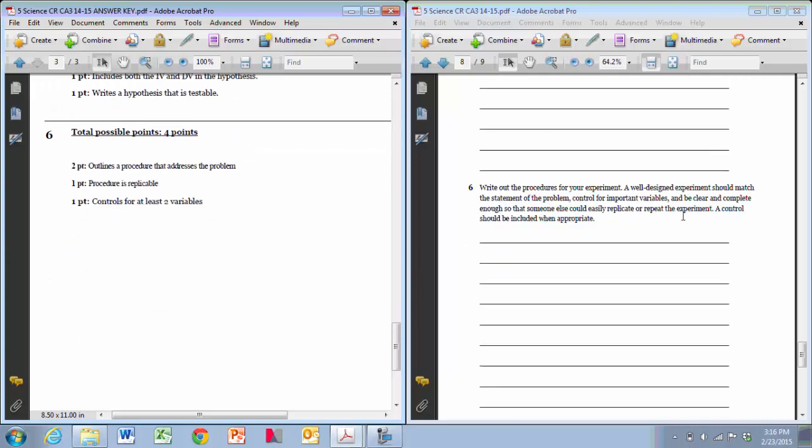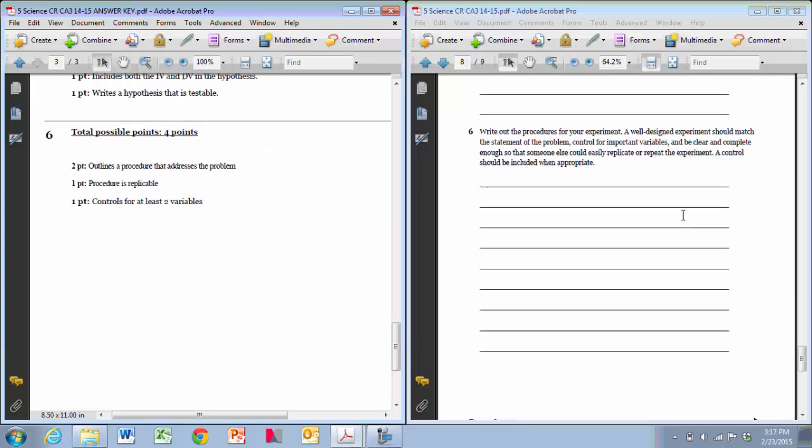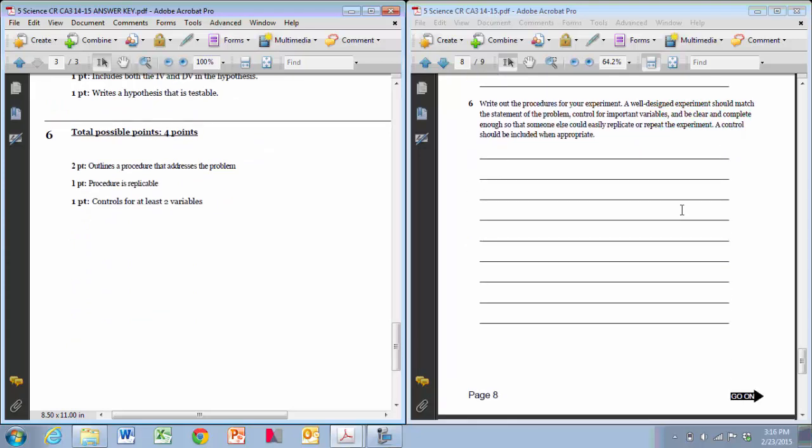Okay, and then question 6 asks them to write out all of the procedures for their experiment. This will vary a little bit from scholar to scholar, so be sure to read through them carefully and note that it contains each of these parts in the rubric. The first thing you want to make sure is that whatever they outline actually addresses the problem that they noted at the very beginning in question number 4.